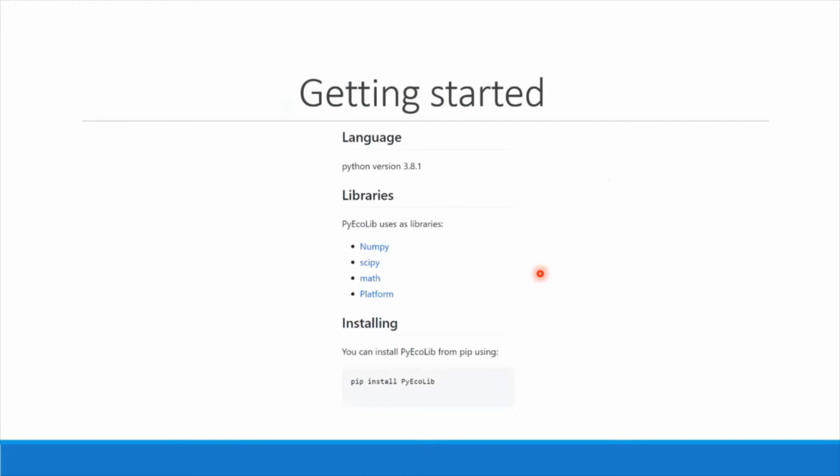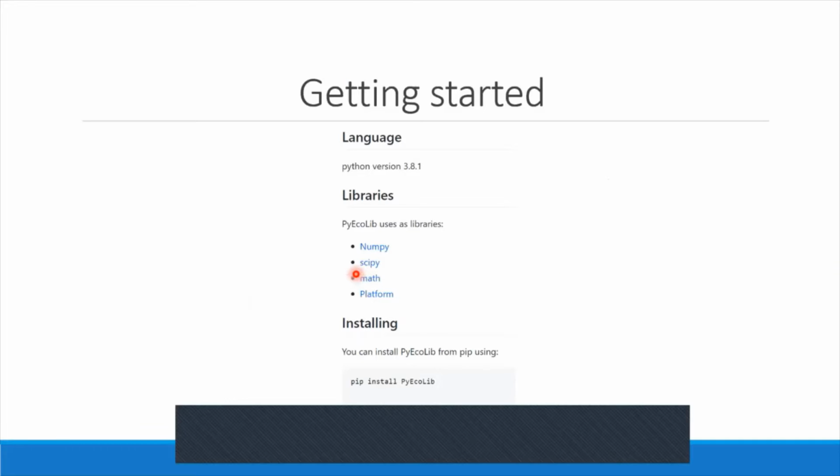First, let me get started. What you need is to install Python version 3.8.1 or higher. I recommend you use the Anaconda prompt. The libraries NumPy, SciPy, Math, and Platform are recommended to be installed before running PyEcoLib. You can just use the command pip install PyEcoLib to get the library.